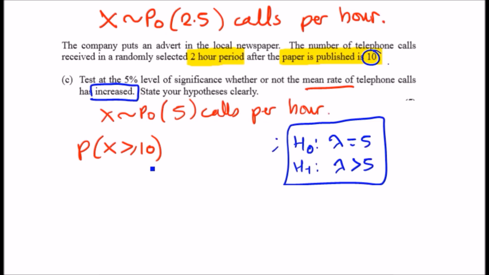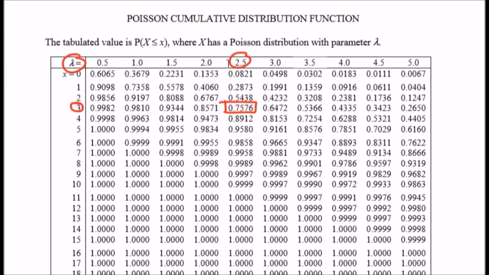So let's check this out. Let's go have a look at what the probability x greater than or equal to 10 is. Well, first things first, because we're using tables, it has to be written in the less than or equal form. So if this is 10 or greater, we need 9 or less. So this will be 1 minus the probability of 9 or less. Now let's go ahead and look at the tables for Poisson 5 and 9. Okay, let's have a look.